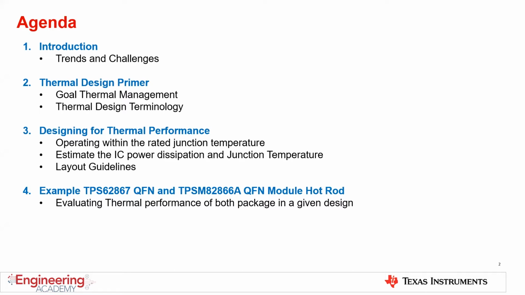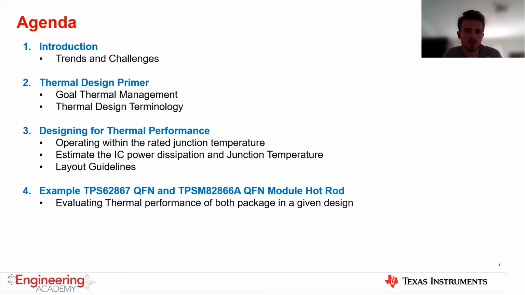So first, let me present you the agenda and go through the different topics of today's presentation. We'll start by talking about the trends we see in most power designs driven by end equipment requirements and how it is making the evaluation of thermal challenges a priority. Then we will follow up with basic information regarding thermal management when it comes to power designs.